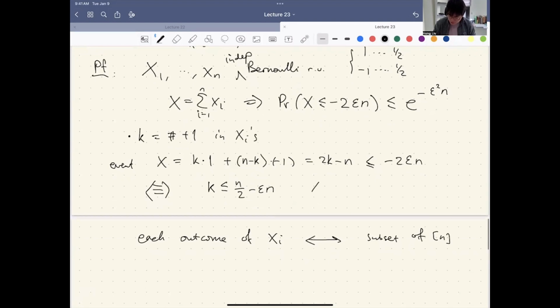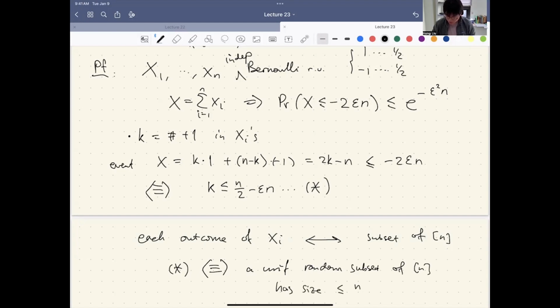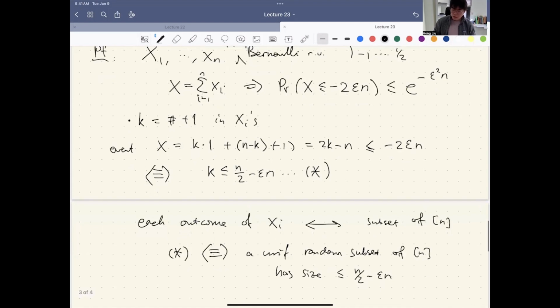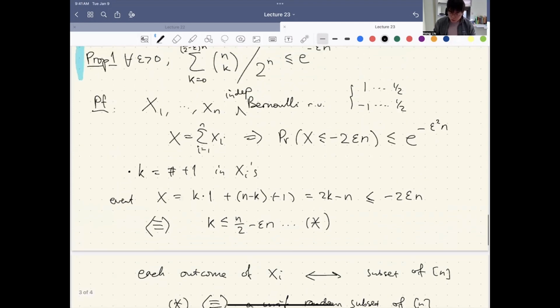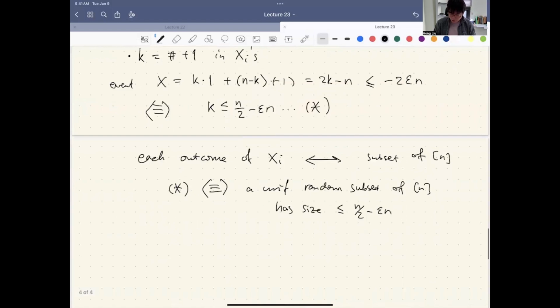So this event is the same as a uniform random subset of n has size at most n over 2 minus epsilon n. Okay? And this probability, we can write it.